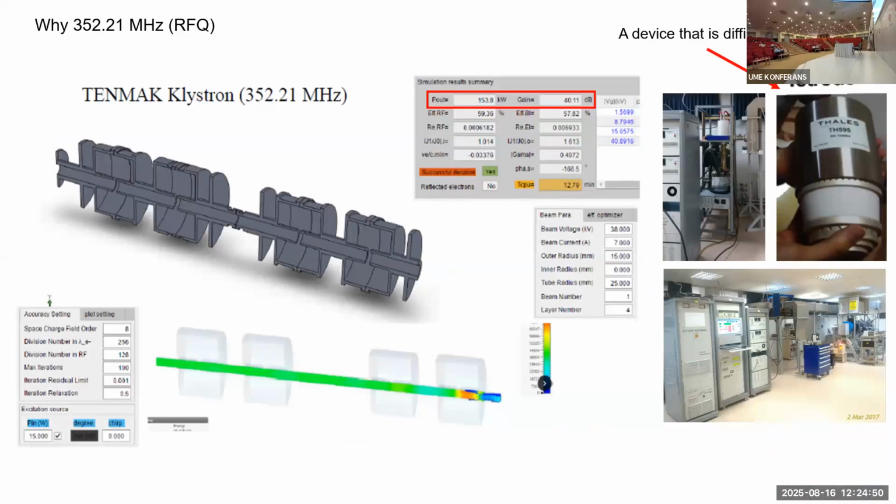This is the tetrode amplifier, the main amplifier too. Its price is about 40,000 euros. This tube is in the white color. It's a blue one.